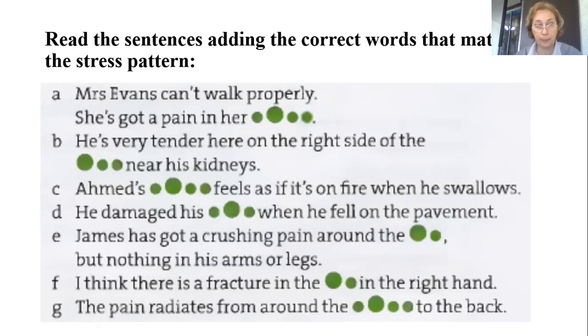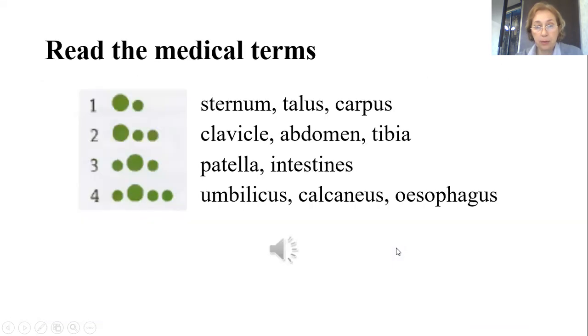The pain radiates from around the to the back. And so this is the word consisting of 4 syllables. I'm trying to remember the words. Here they are.